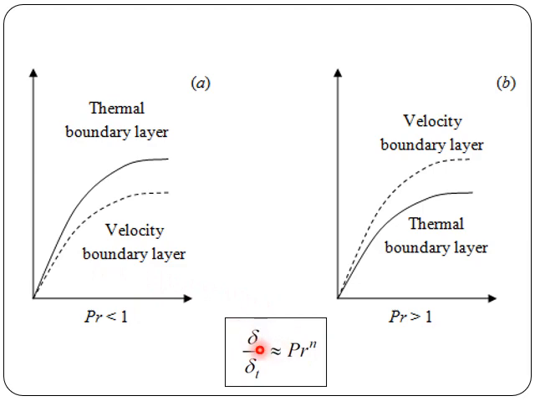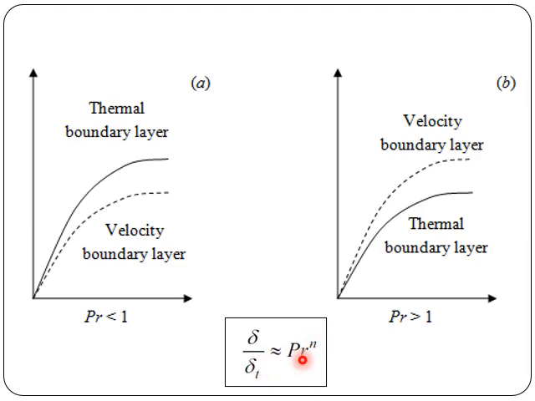So delta, which denotes the thickness of the velocity boundary layer, and delta T, which denotes the thickness of the thermal boundary layer, if I divide them, are approximated to be equal to Prandtl number raised to some exponent.